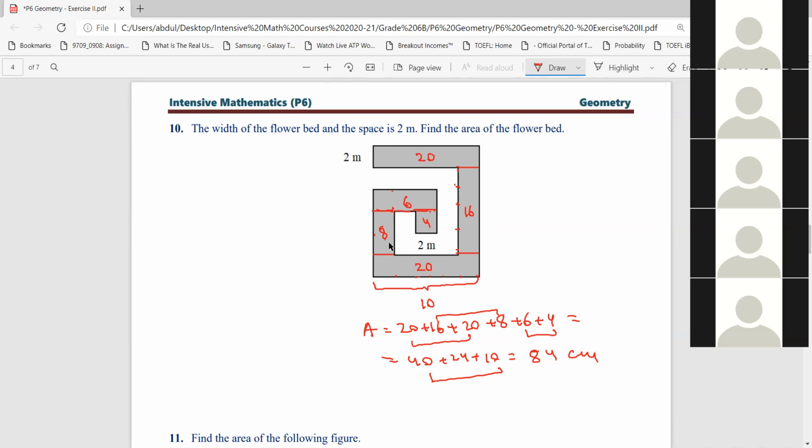It is 6 times 2. This should be 12, not 6, right? So this should be 12, right? So at that time, 12 plus 4, it is 16. So the answer is 80.